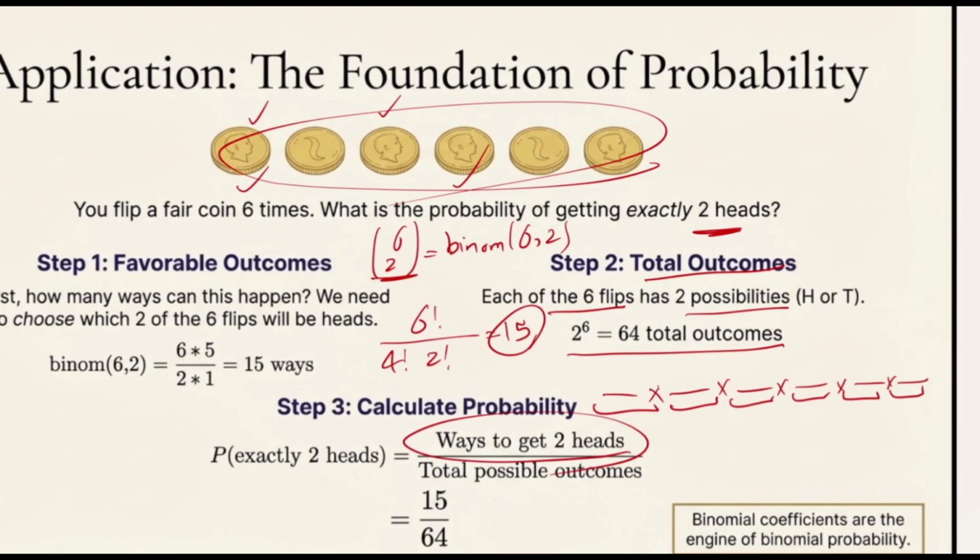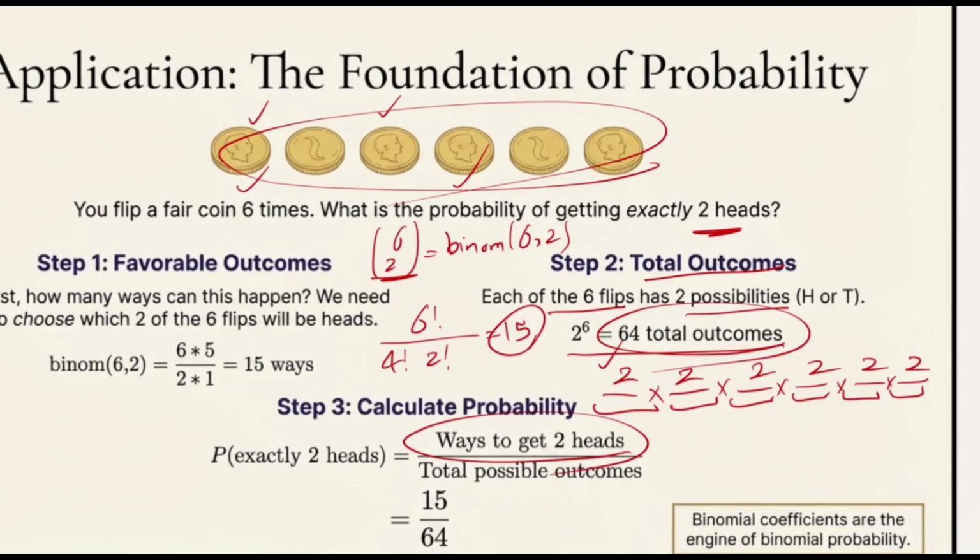How many chances do you have to get tails or heads at the first one? 2. Either it's going to be heads or tails, right? This is for the first one. How many chances do you have for the next one? 2. Next 2, so it would be 2 to the power 6. This means that there are 64 total outcomes, without respect to the fact that maybe some of them would be heads.